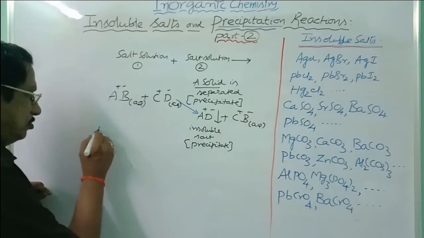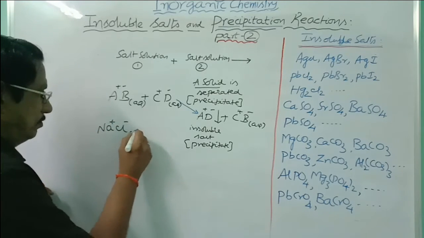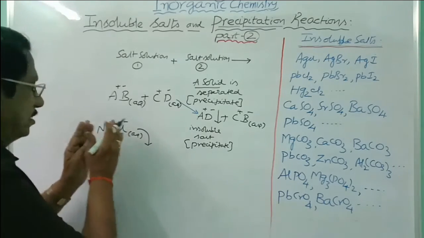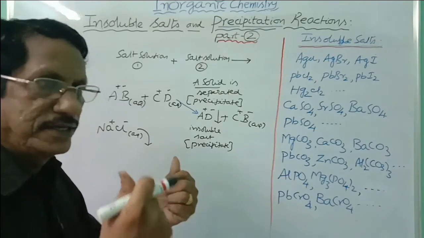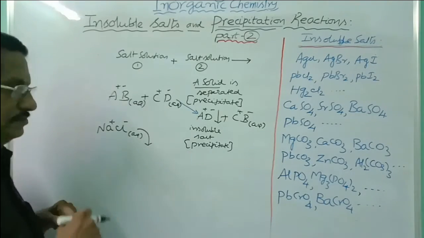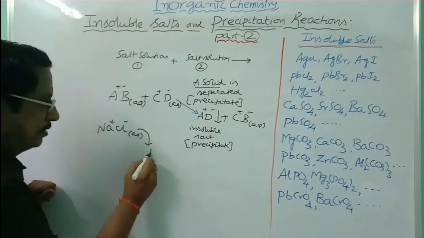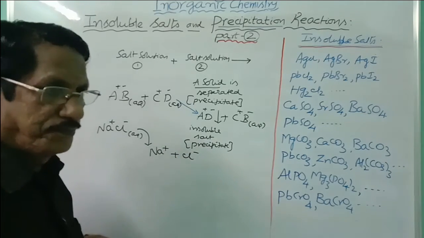Naturally, whenever a salt is present in water, soluble in water, then what happens? In the case of solid, these ions will be held together. They will not be undergoing any splitting or decomposition or dissociation. When it is dissolved in water, the ions become free and they will be as ions, free ions.